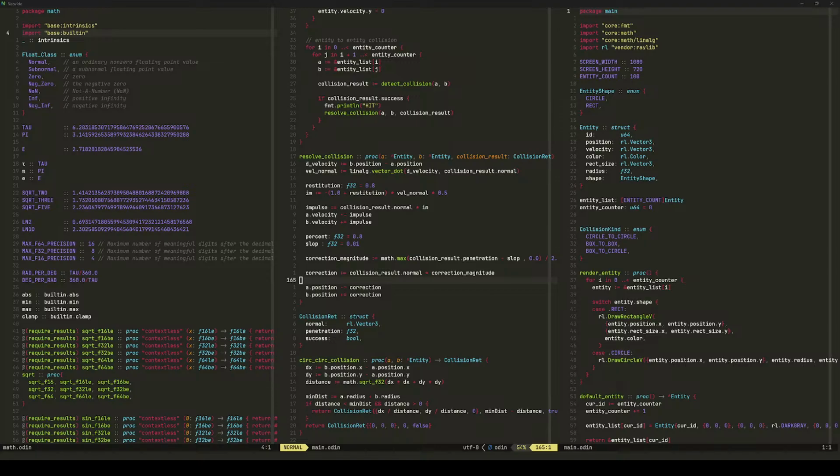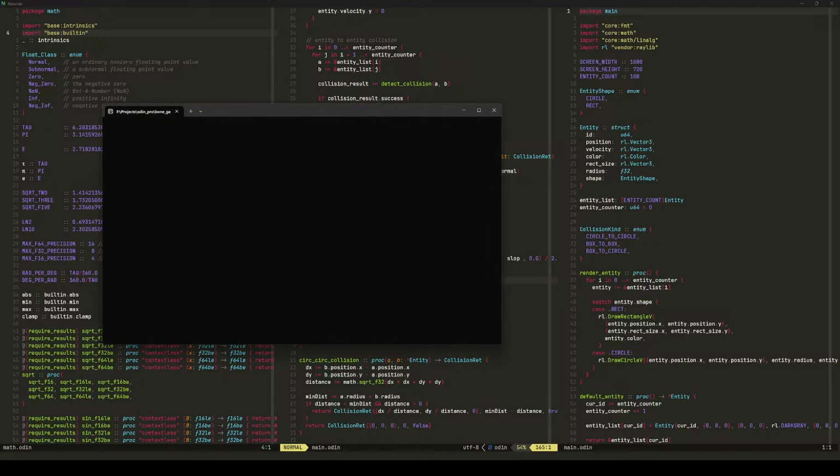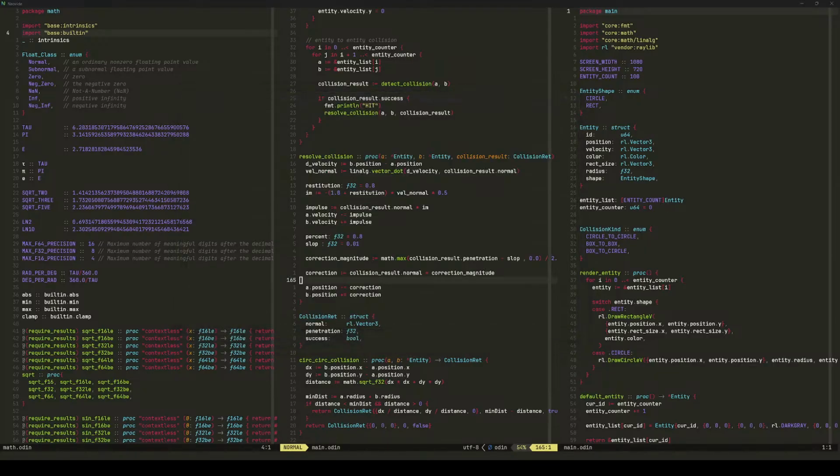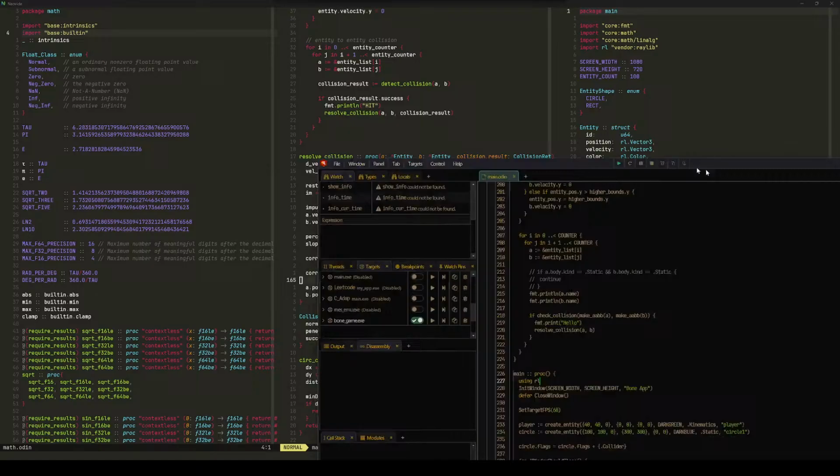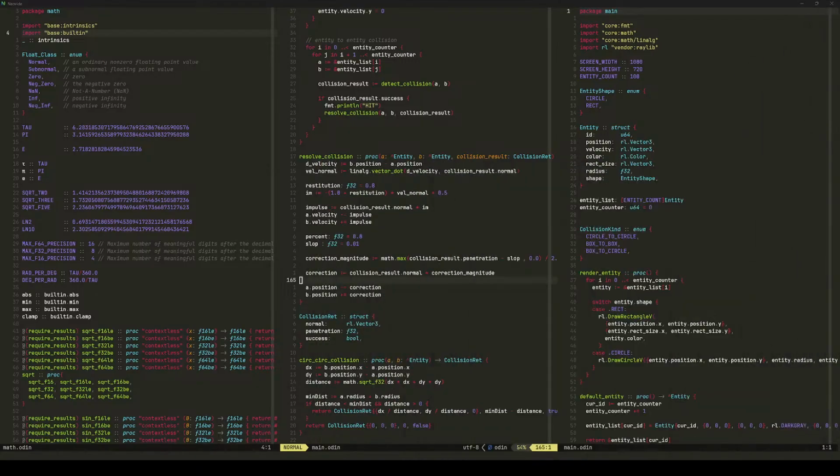Let's run it through a compiler. This is pretty good. Using RAD debugger. It's a pretty good debugger by Ryan Fleury.